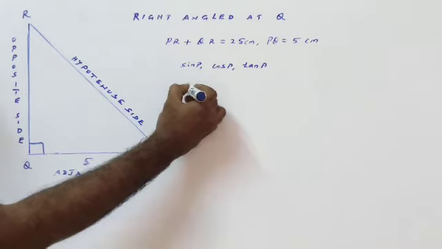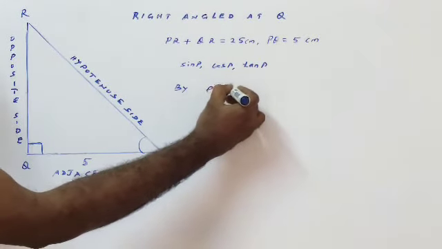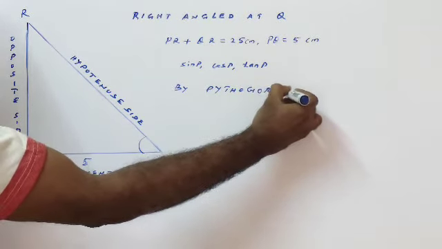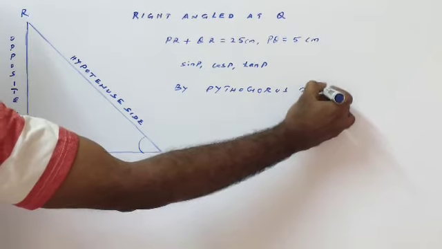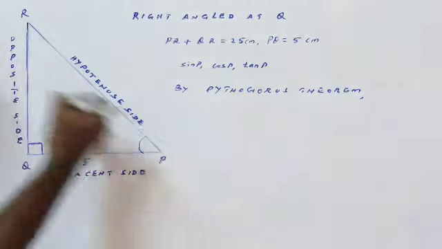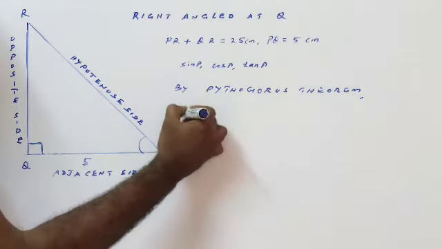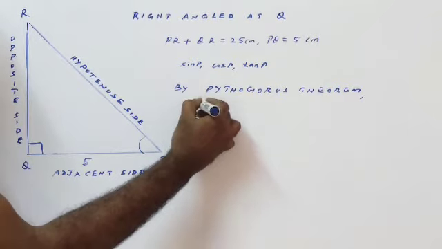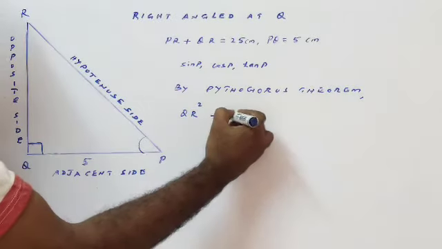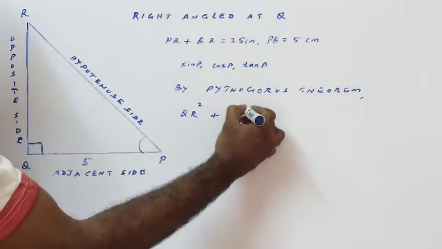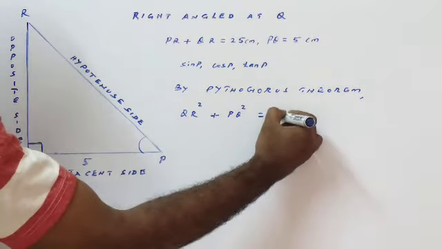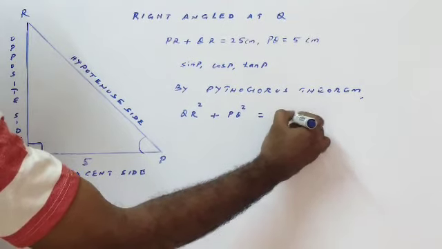So write by Pythagoras theorem: opposite square, that is QR square, plus adjacent square, that is PQ square, equal to hypotenuse square, that is PR square.